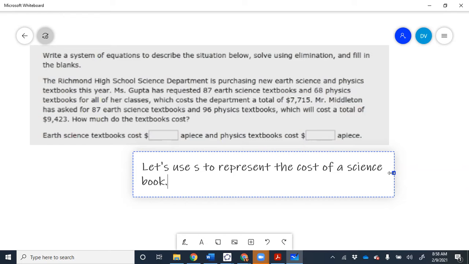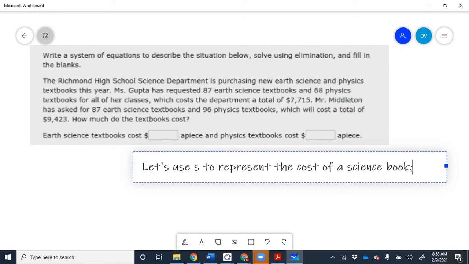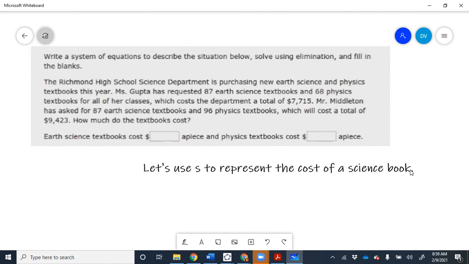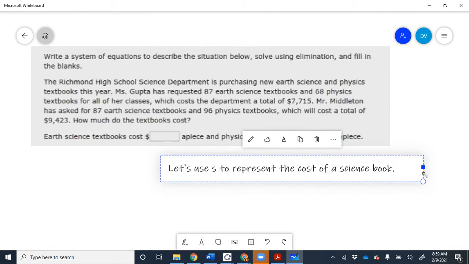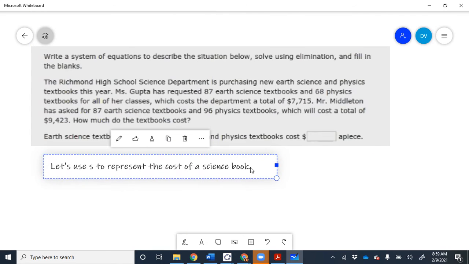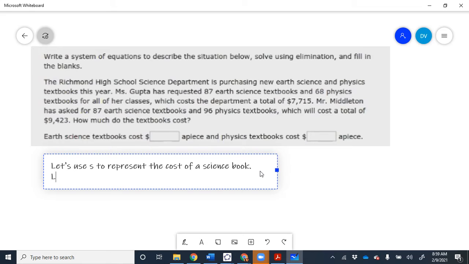And while we're at it, what about physics? Let's use P for that. How about we use P for the cost of a physics book? Good, a letter that kind of makes sense for us. Let's use P of a physics.